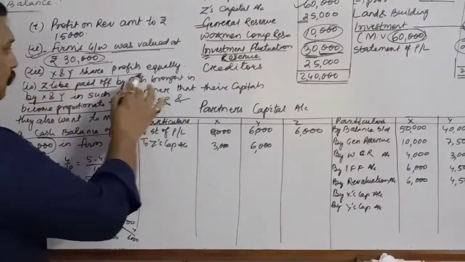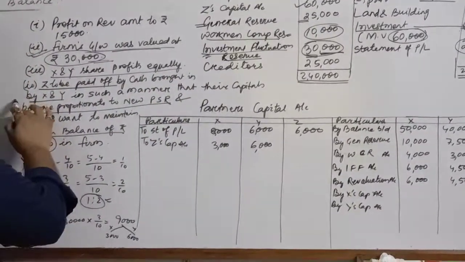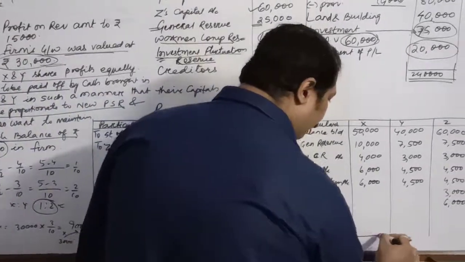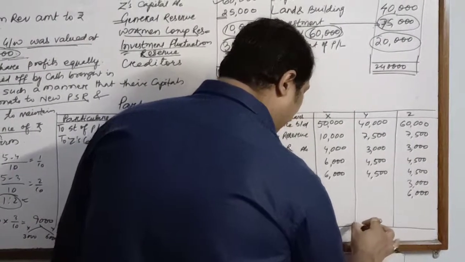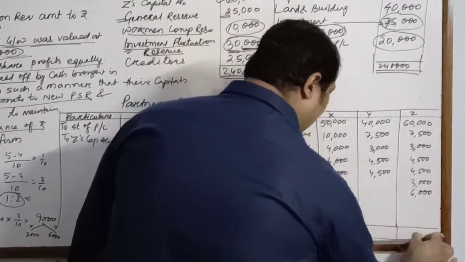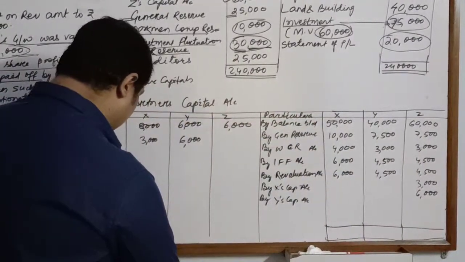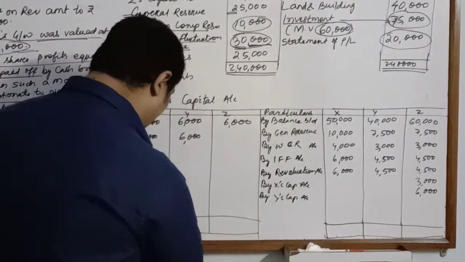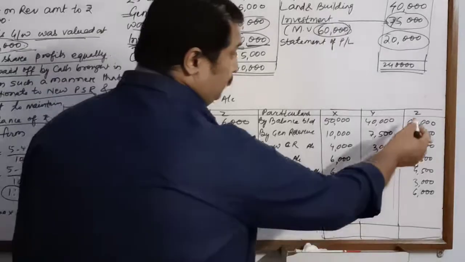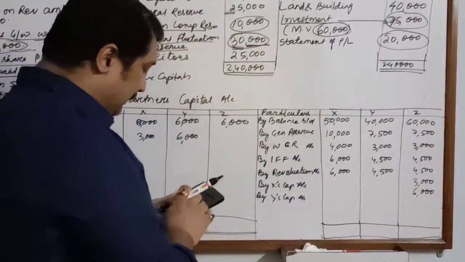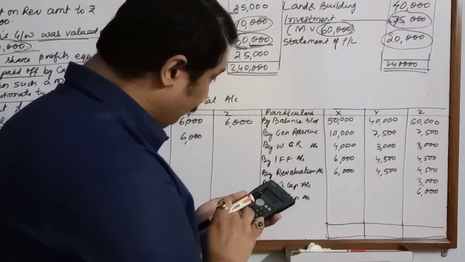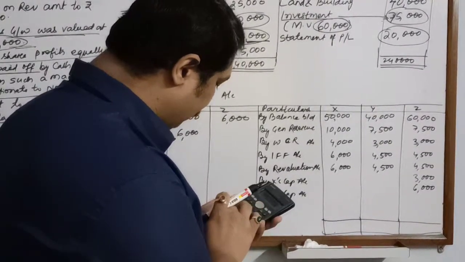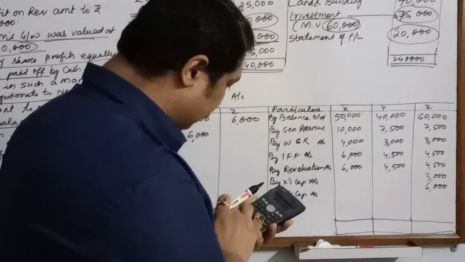Now it is the new PSR and capital adjustment. So first of all, we are supposed to pay off the retiring partner and balance the adjustments of continuing partners. Then only we will be knowing the adjusted capital. So let us first of all pay off Z, who is retiring. It is 60,000 plus 10,500 plus 12,000 plus 6,000.